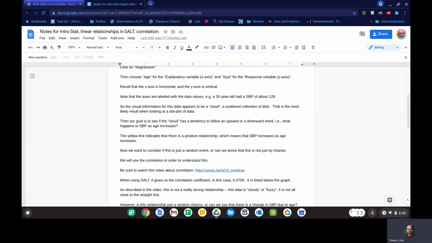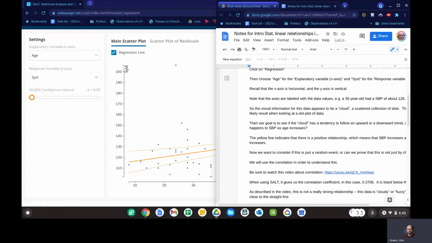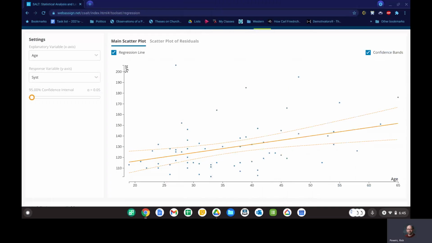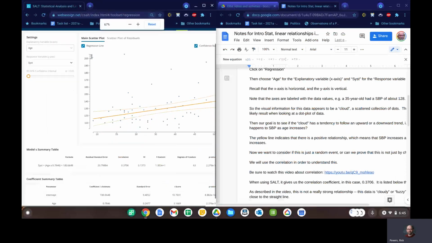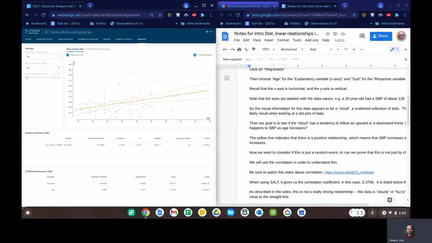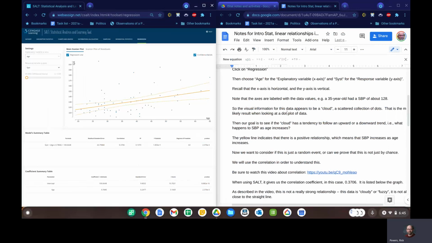That is, what happens to systolic blood pressure as age increases? The yellow line indicates that there is a positive relationship. Positive relationship means that systolic blood pressure increases as age increases.